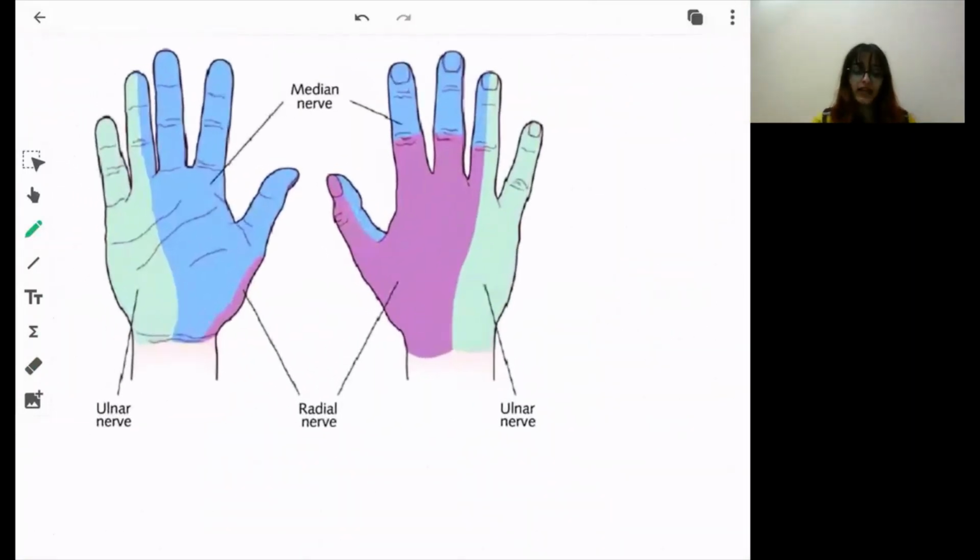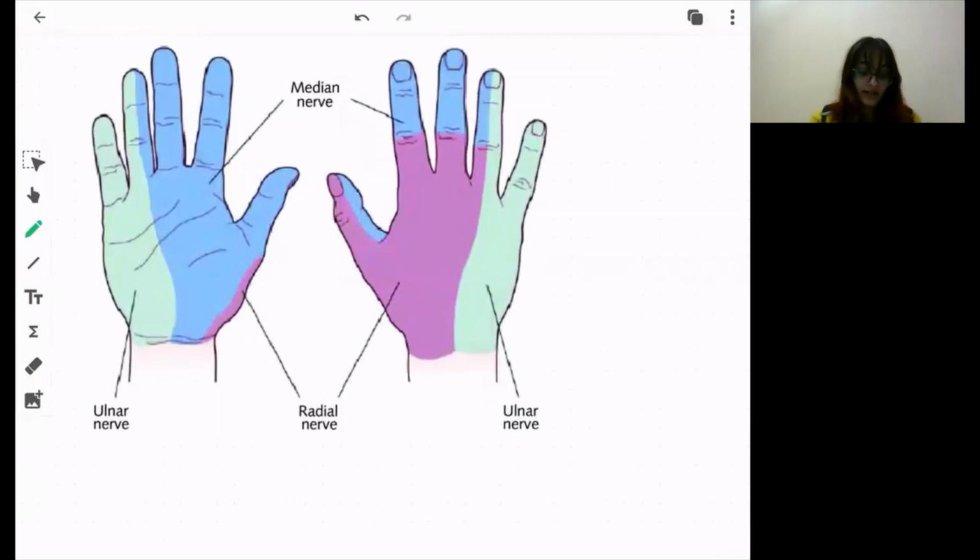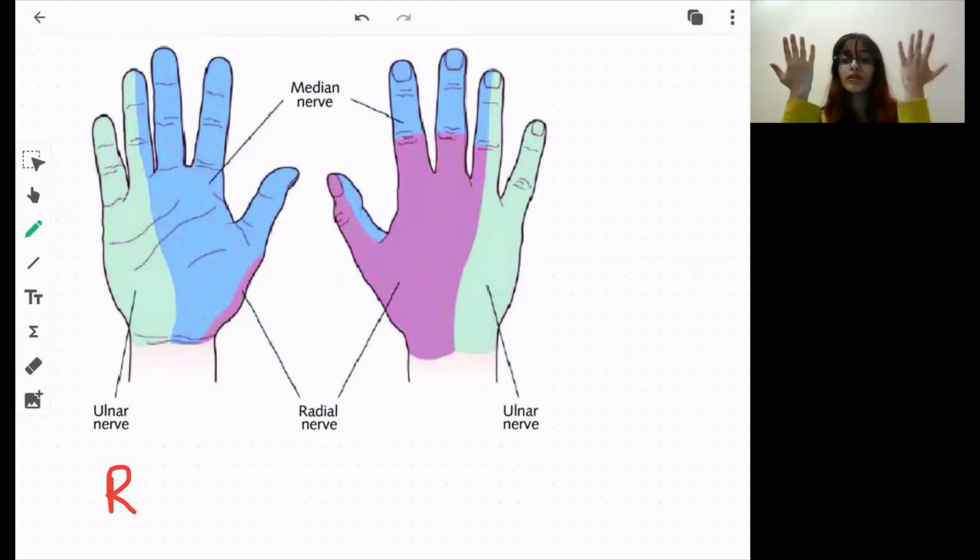Now let's see very carefully. This is an image of a right hand. Take your right hand and imagine that this is the medial surface. The one shown in light blue is the medial surface, because in anatomical position you see your hands like this.